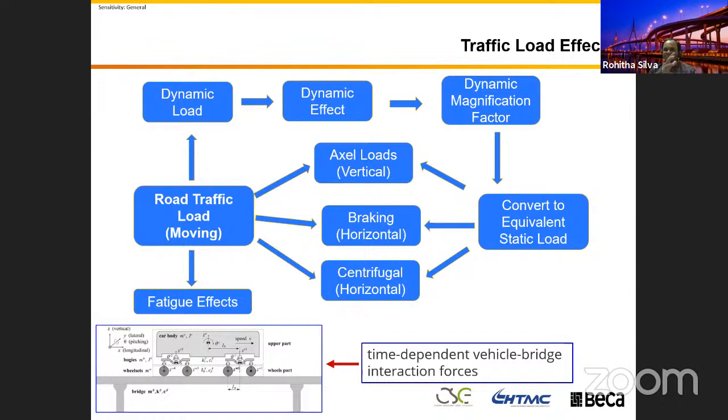This fatigue effect is a significant part of your design, same as designing the member sizes. But if it is a concrete member, you can check that one. So this is just how we're going to convert the moving traffic load in the bridge design. This is the model we're going to use, and in our next sessions we're going to use them significantly. Any questions in this area?